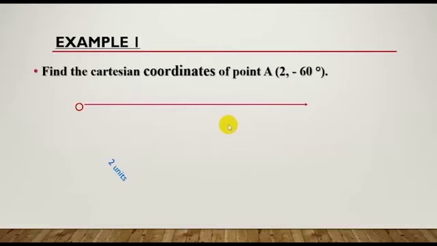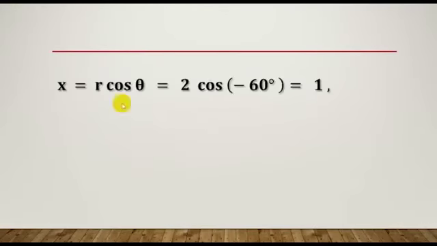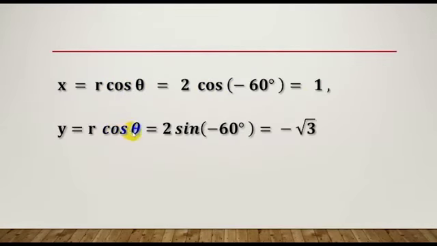This example is easy because that's our x axis, and we're moving down with negative 60, or with a negative sign, and the value of r is equal to 2 units. These values of r and theta apply in the equation x equals r cosine theta, so it will be 1, and y will be r sine theta, not cosine theta, r sine theta, like this.